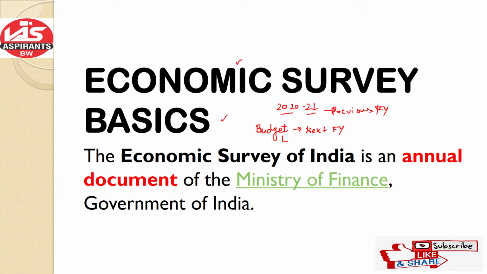So when the budget will be presented, it will be the budget for 2021-22, basically 1st of April 2021 to 31st of March 2022. Whereas the economic survey is for the previous financial year, that is April 2020 to the end of this financial year.